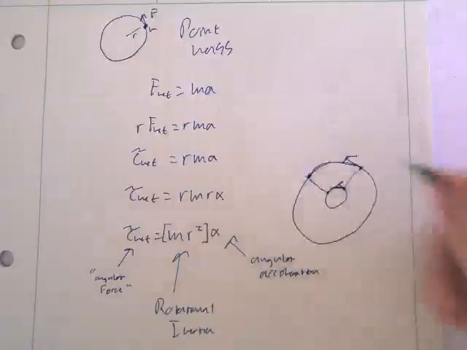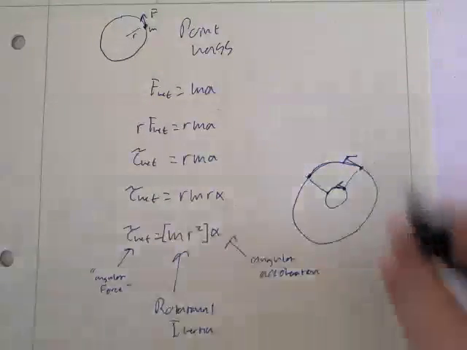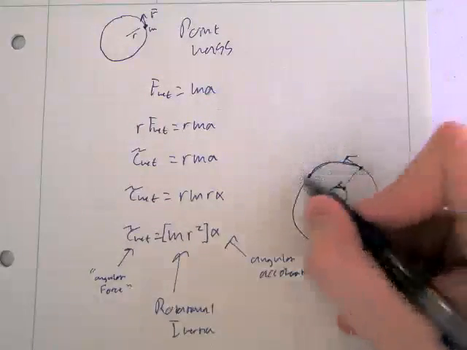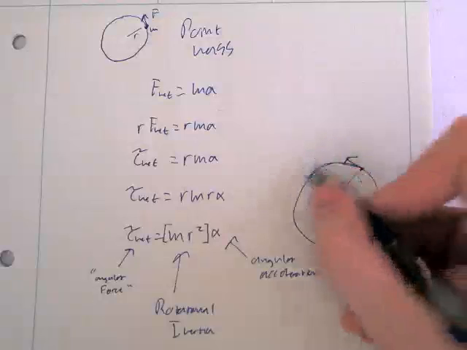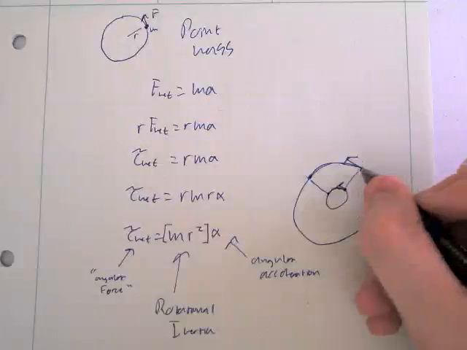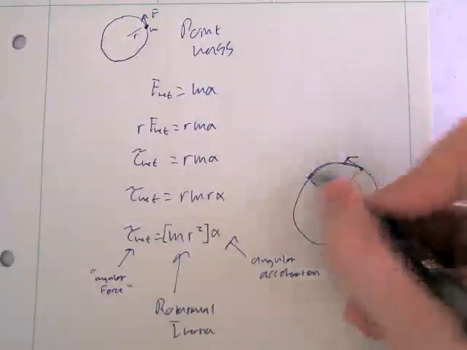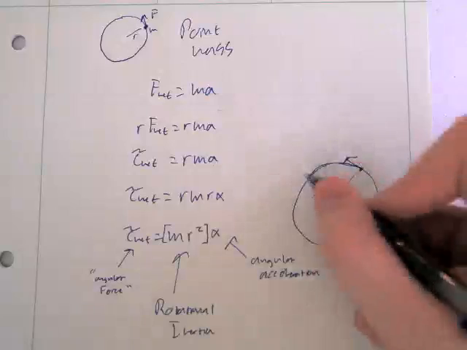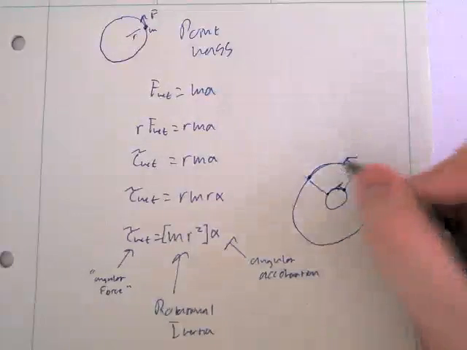Obviously, if they're accelerating at the same angular rate, this one's actually accelerating much, much faster. The actual linear acceleration, the actual speed associated with this, is going to be much faster since it has a much larger distance to cover.